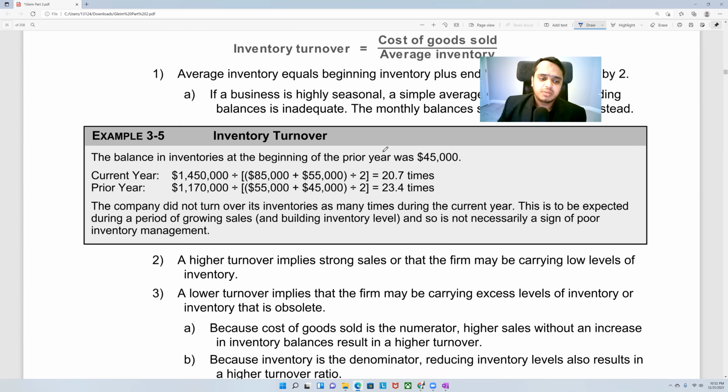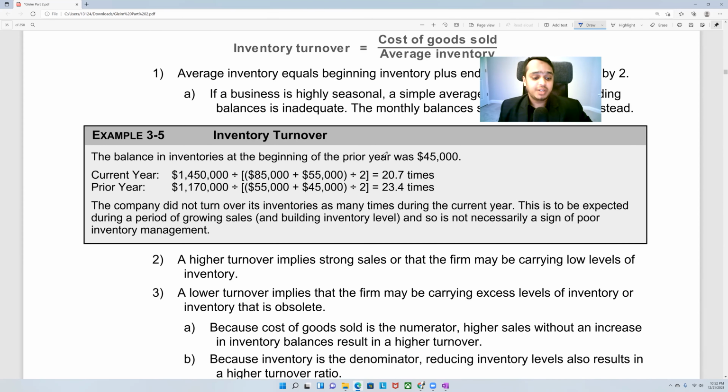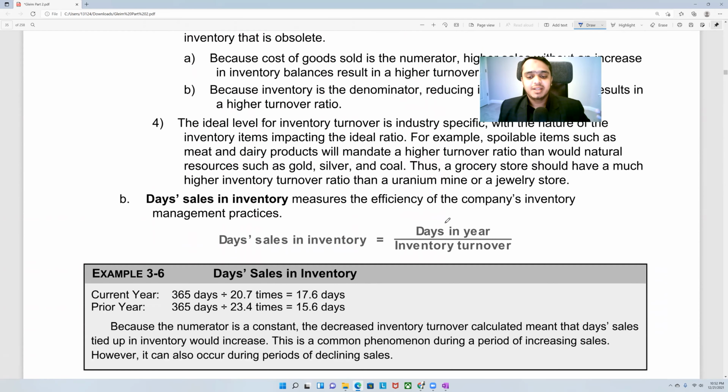Now, when we have found this inventory turnover ratio, we take it forward: days in a year divided by inventory turnover, so that we understand how many days it takes for the inventory to stay in our warehouse and then be sold. That's what we are calculating.